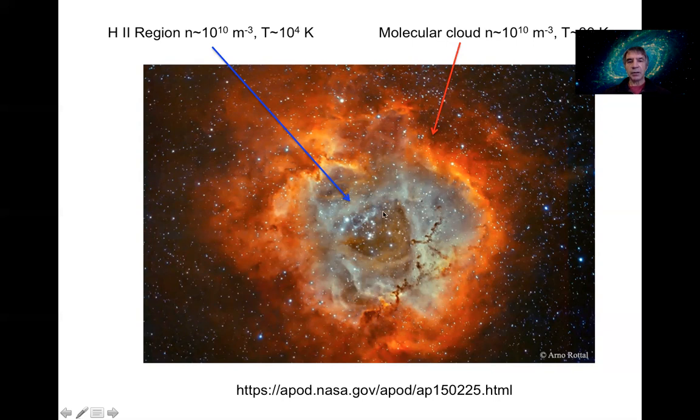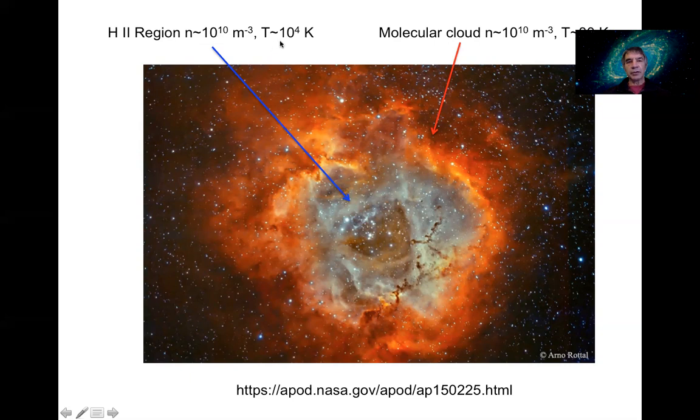You've got the nice cluster of hot stars in the center ionizing the gas, and it'll be surrounded by molecular gas. I haven't shown you a CO observation or anything like that, but just take it from me that all this red light is basically reflected light coming out of a dusty molecular cloud.